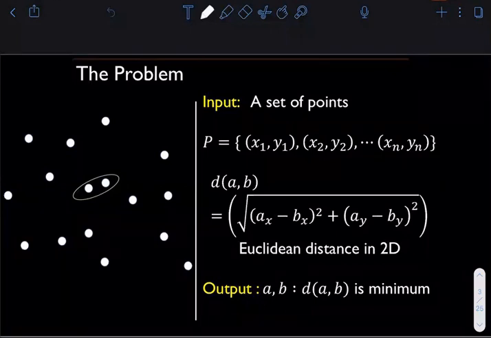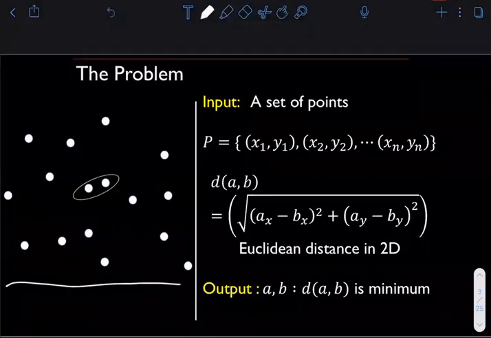Right. So why do we care about this problem? First of all, I think this is probably the first problem that you are seeing in this course which belongs to this broader area of algorithms called computational geometry.